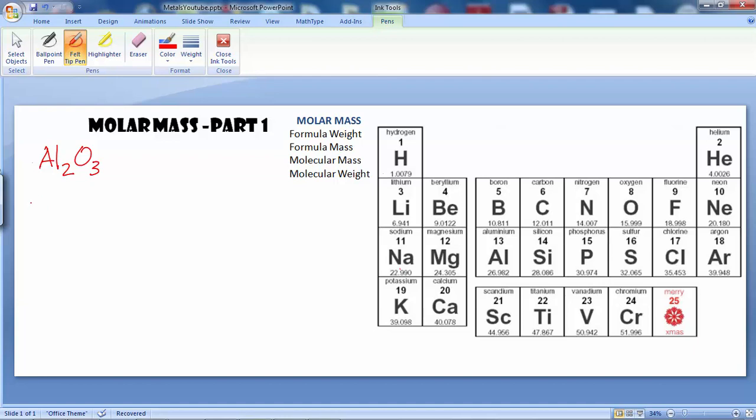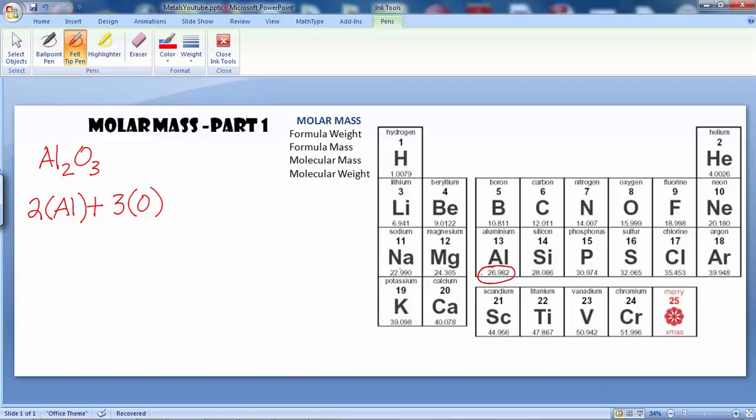So what do we have here in this compound? We have 2 atoms of aluminum. Is that correct? Plus we have 3 atoms of oxygen, 3 oxygen atoms.